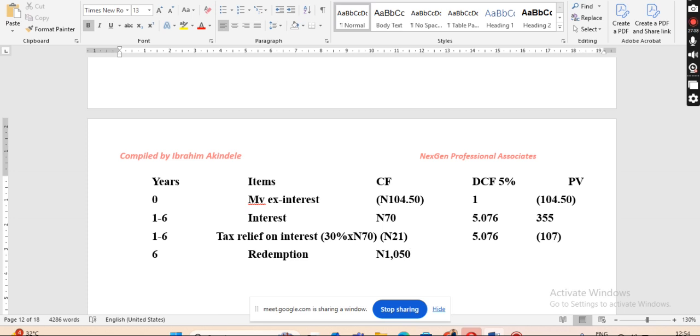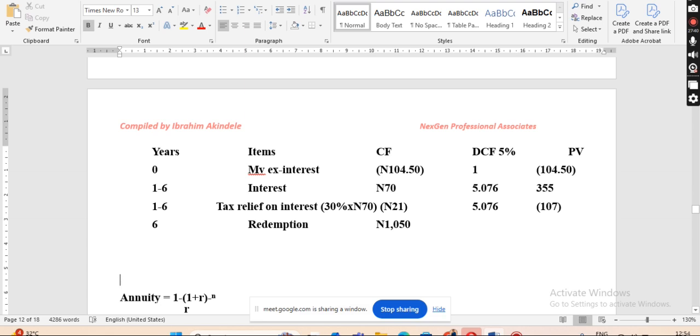Now use your DCF. This one is not from year 1 to 6, so your principal is not from year 1 to 6. What is the DCF formula? Equals 1 divided by 1 plus R, close bracket, raised to the power of n.